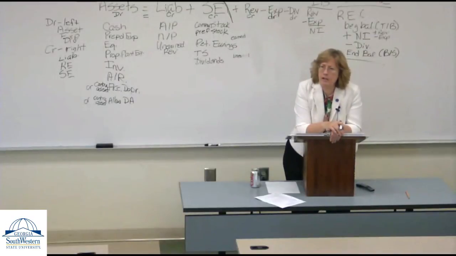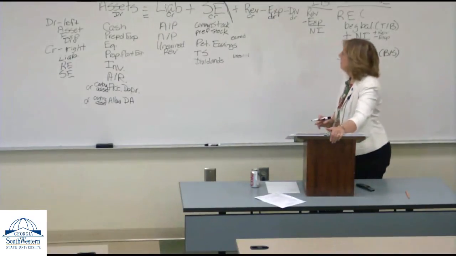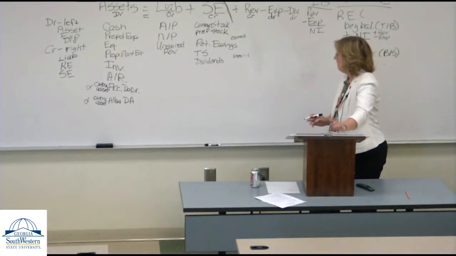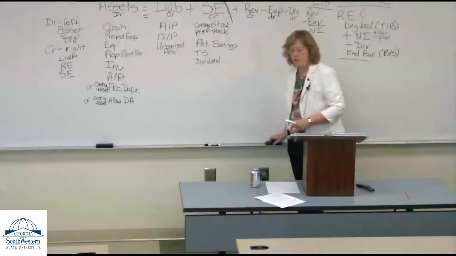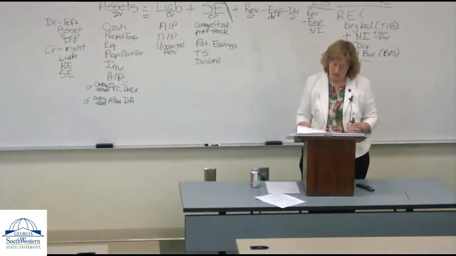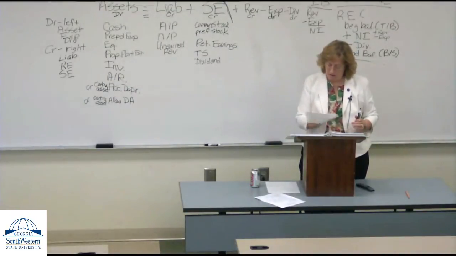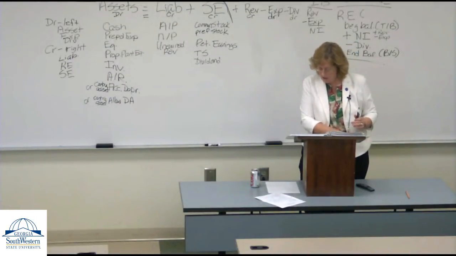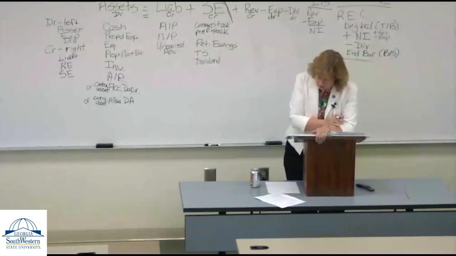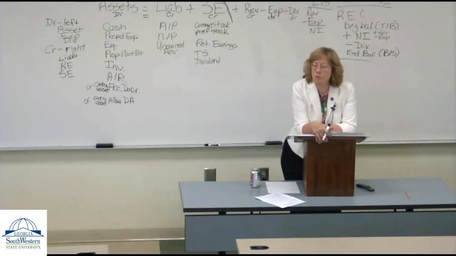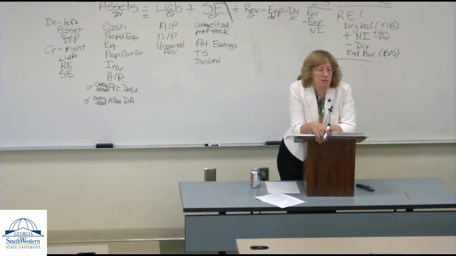Okay, so now maybe we can list some revenues. An income statement is on page 109 also. So what is our main kind of revenue? If I sell shoes, what do we call that? Sales revenue.